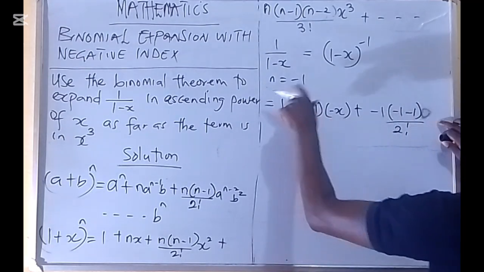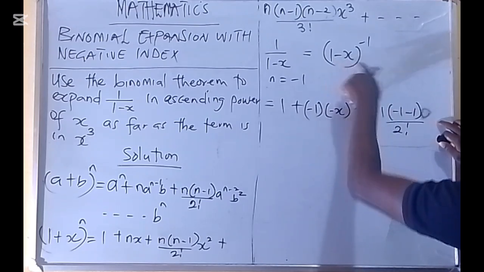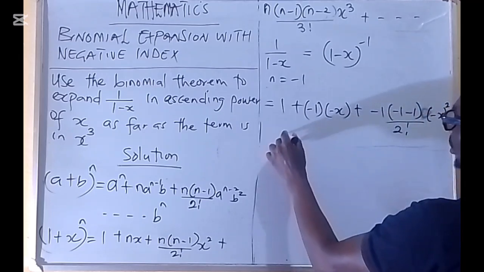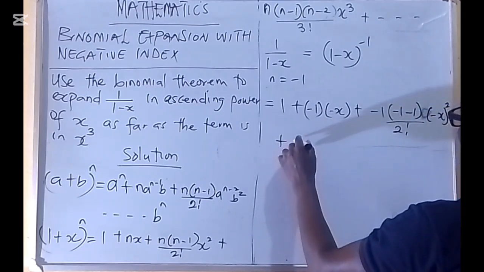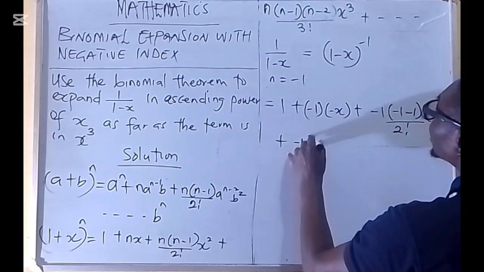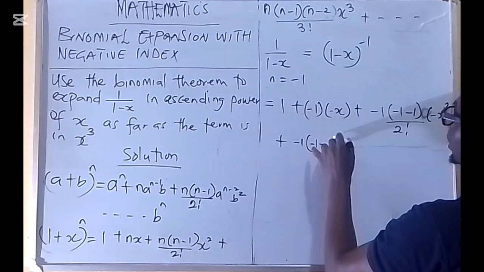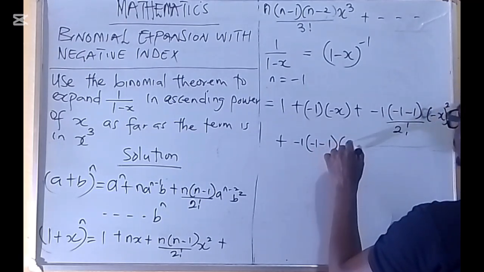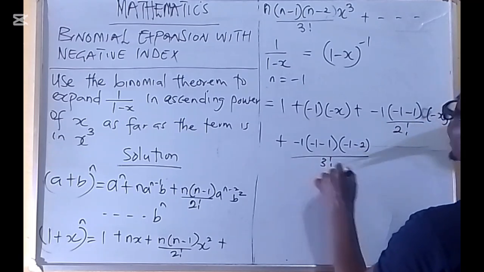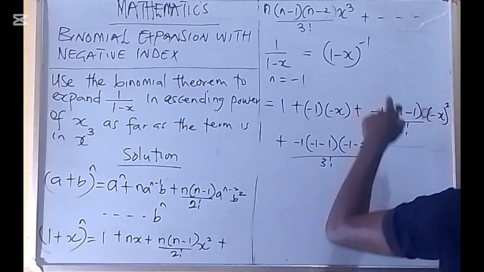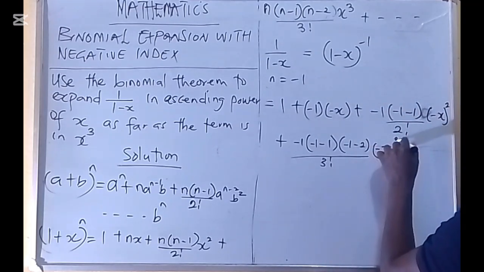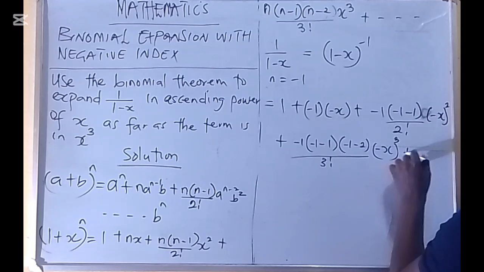Then our x is minus x, so we have minus x raised to the power of 2, plus we have our n to be minus 1 into minus 1 minus 2 all over 3 factorial times our x, which is minus x, so we now have minus x raised to the power of 3, plus dot dot dot.